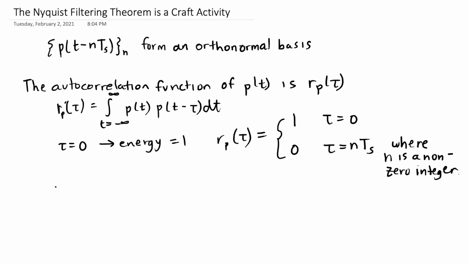So we could just use this information and try to find different pulse shapes that would meet this criteria. But the Nyquist filtering theorem gives us an easy way to come up with lots and lots of different pulse shapes that meet that criterion.